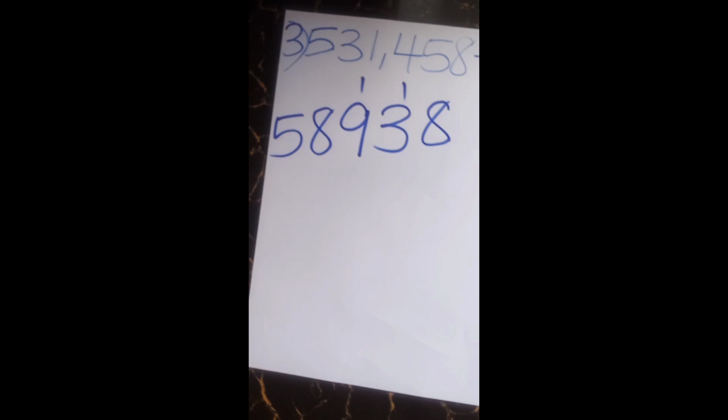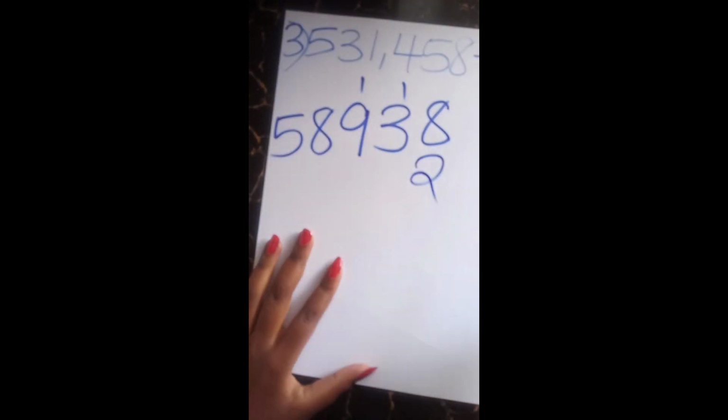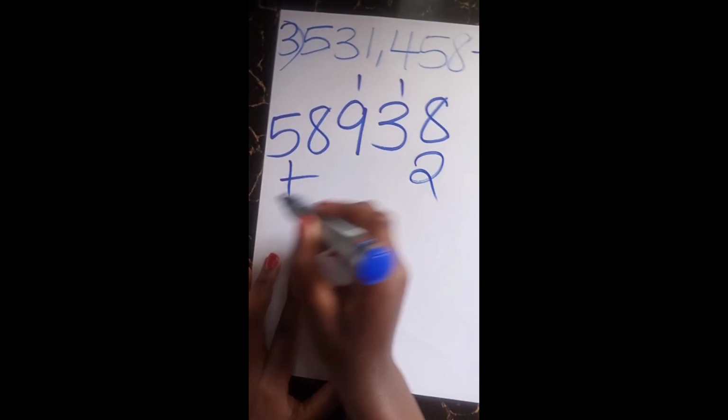So that means that we'll have a remainder. So where does 26 fall in table 9? We'll go with 2 because 18 is less than 26. So we'll write a 2 over here and then add as usual.